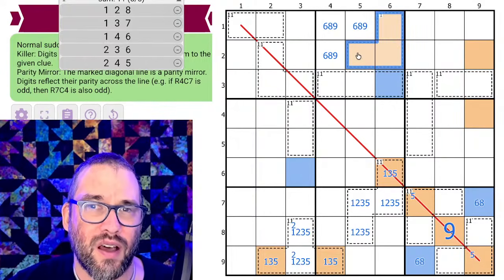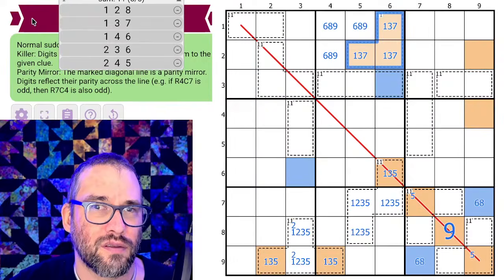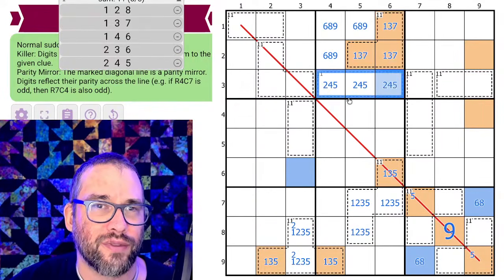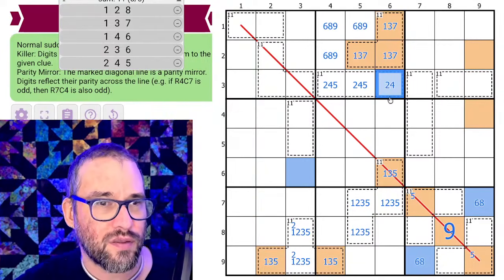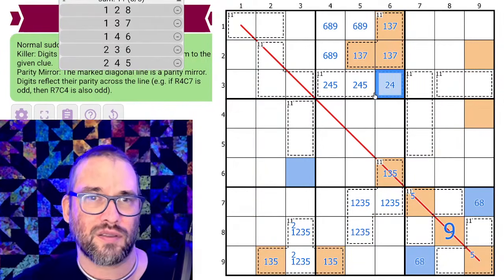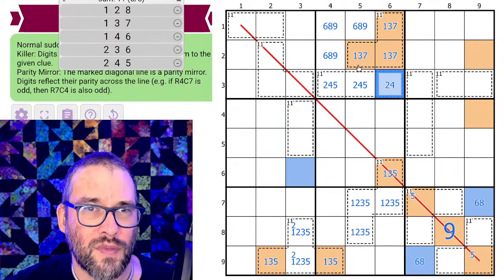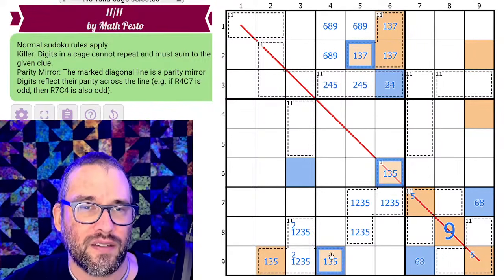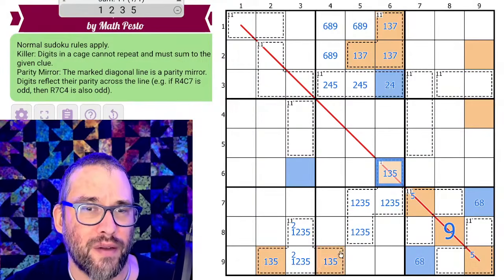So these are odd, and therefore I believe 137. And these are 2, 4, 5. That one's not the 5. But these, as pointed out, are all the same digit, so they're neither 5 nor 7.